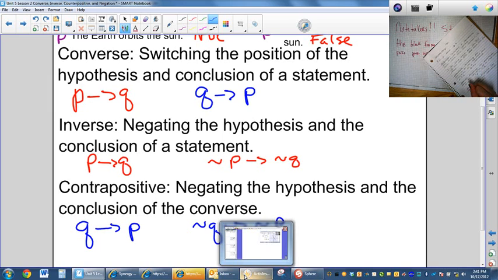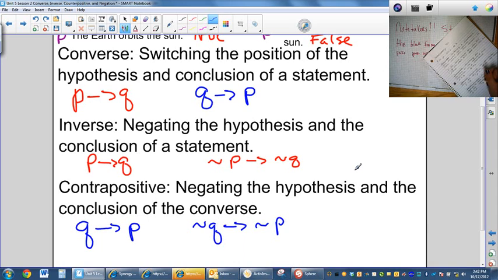As soon as it gets complicated, got it? There's a box in the book. What's up, Peter?